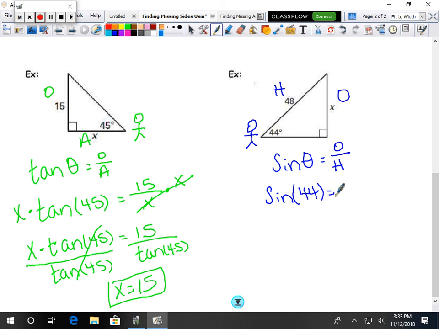Sine 44 is equal to opposite, x, over hypotenuse, 48. Again, I want to get x by itself, so I'm going to multiply by what's on the bottom. Multiply by 48. Those will cross out. 48 times sine 44 gives me 33.34.